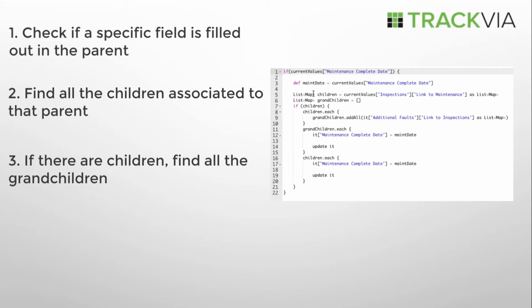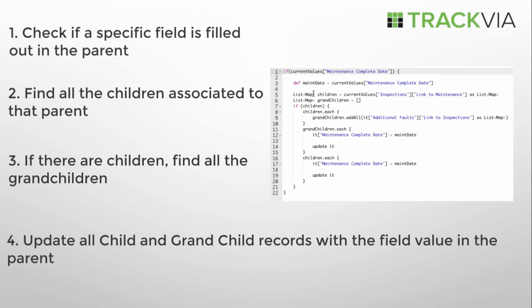If there are children, then go find all the grandchildren. In this case, we found an inspection record. Go find my additional fault records, if there are any. And if you find all of these things, go ahead and update all the child inspections and all the grandchild records, additional faults, with the field value in the parent maintenance complete date, which we defined all the way up in step 1.